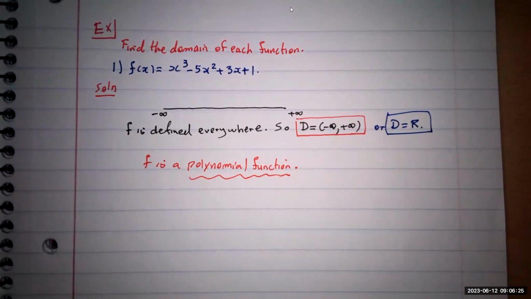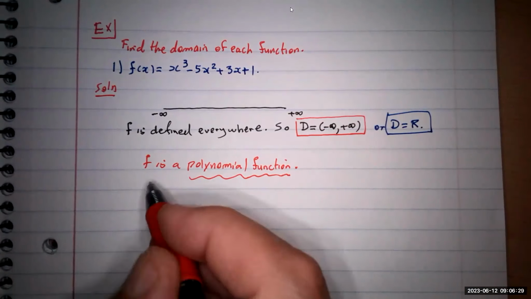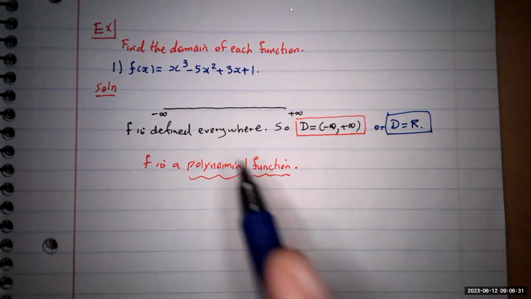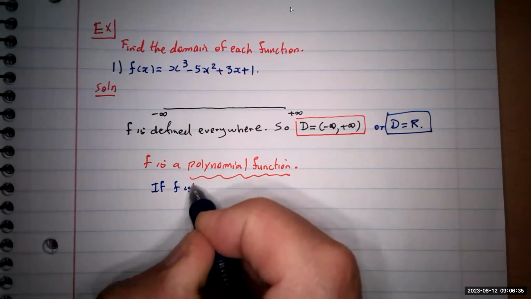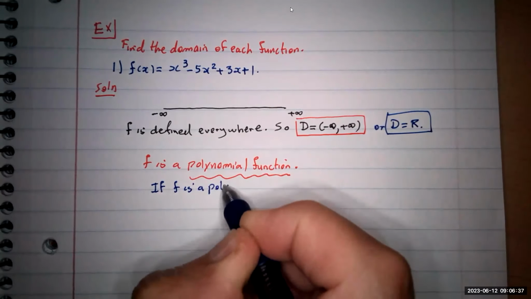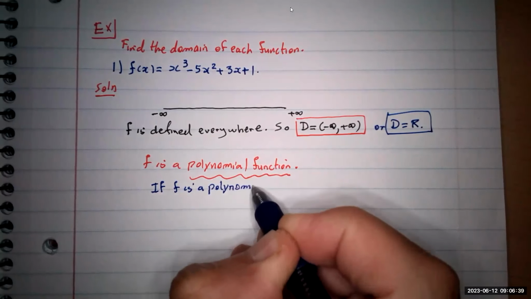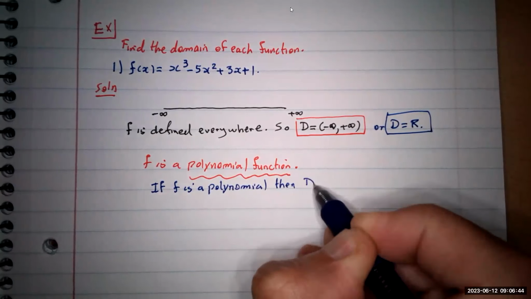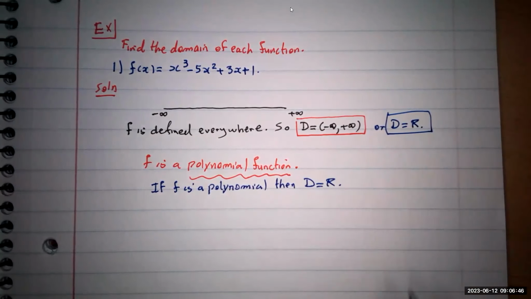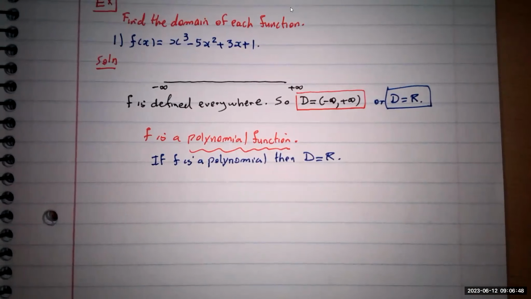Anytime we talk about it, our first example is going to be polynomials. So the conclusion is that if f is a polynomial, then the domain is all real numbers, and we're done. We will use it quite a lot from now on. Any question?